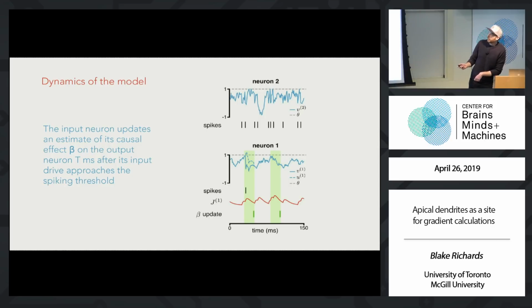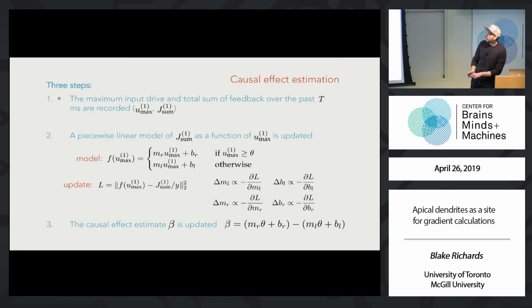And we're going to use that to estimate the causal effect beta of the input neuron on the output neuron. I don't have time to go through the math, but basically we're just fitting a piecewise linear regression, and we're updating the synapse using the information from those piecewise linear regressions. And we're fitting those piecewise linear regressions with gradient descent.